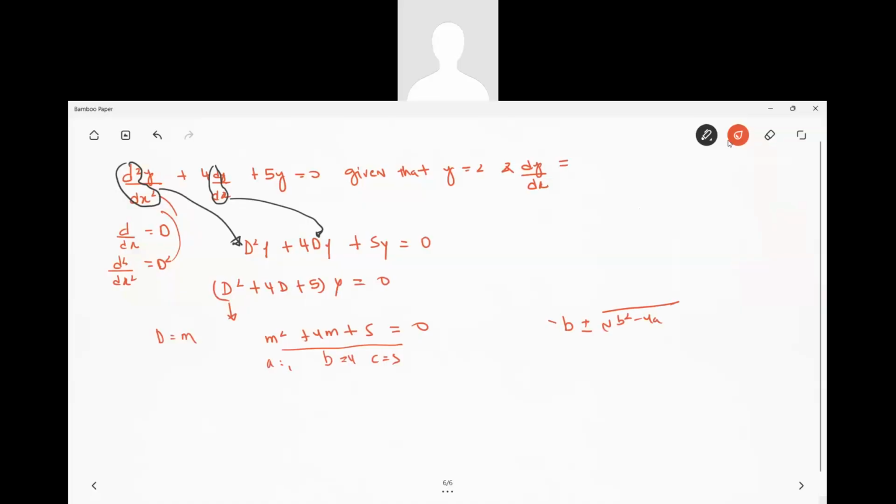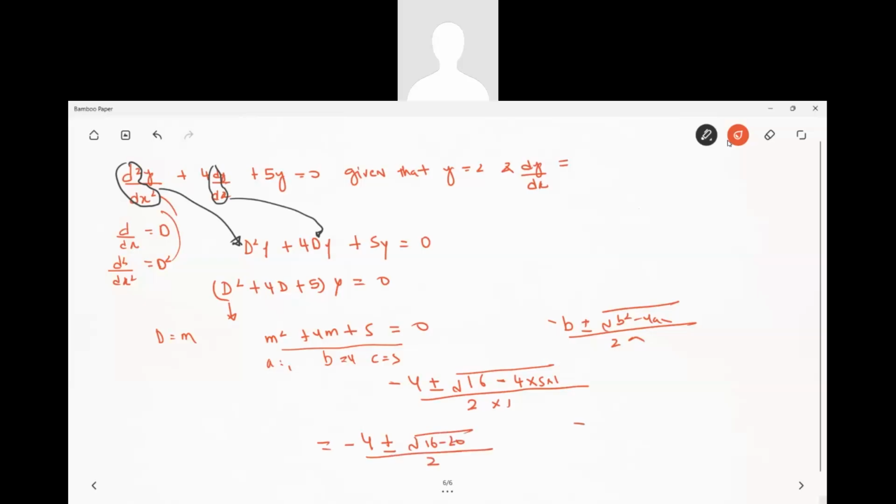So minus b is minus 4, plus minus the square root of 4 square, 16, minus 4ac, where c is 5 and a is 1, divided by 2 into 1. So this is minus 4 plus minus the square root of 16 minus 20, divided by 2.